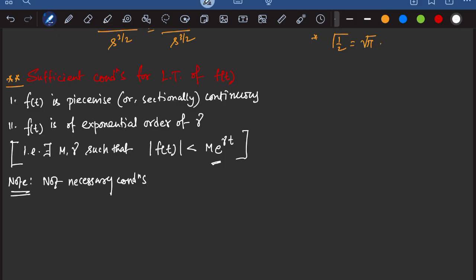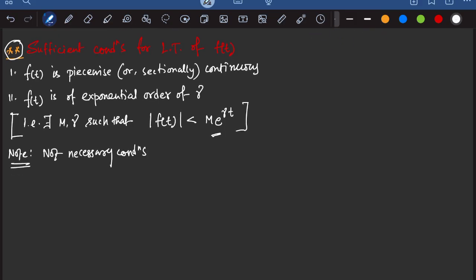Now there are a few properties of Laplace transformation. You should know the sufficient conditions, that is, in which case this Laplace transformation exists or not. Now we have a few important general properties of Laplace transformation. We'll see all those properties one by one.